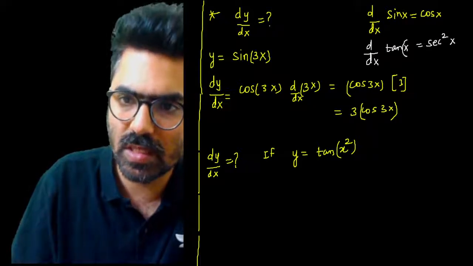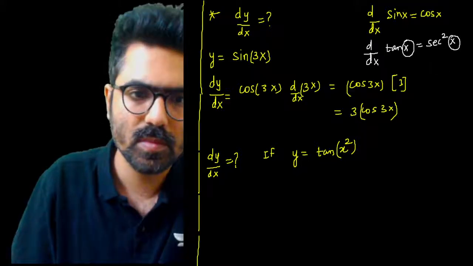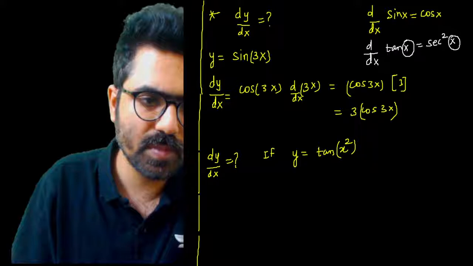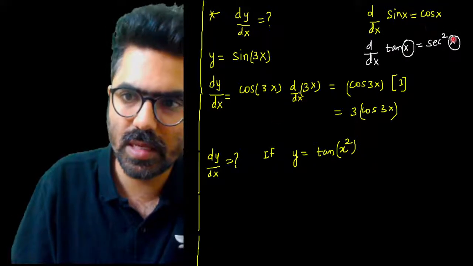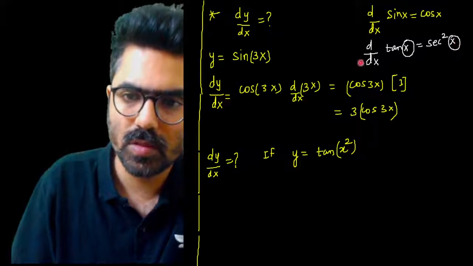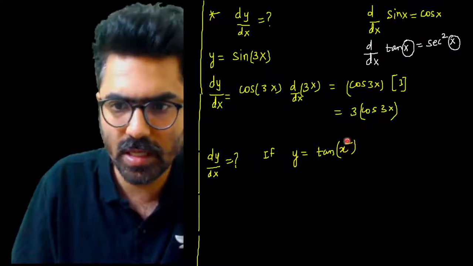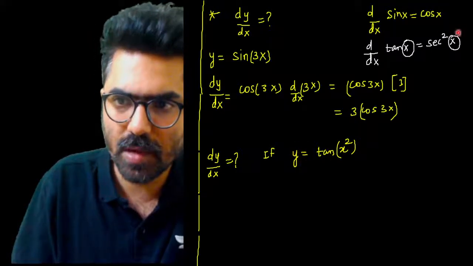Whatever is written inside the tan, we are writing inside the sec square. The same logic is applied here. Whatever is written inside the tan, while taking the derivative of y, we'll write that part in the sec.